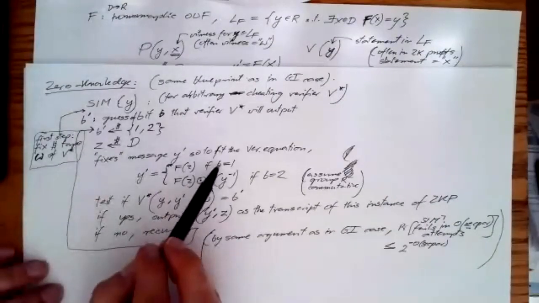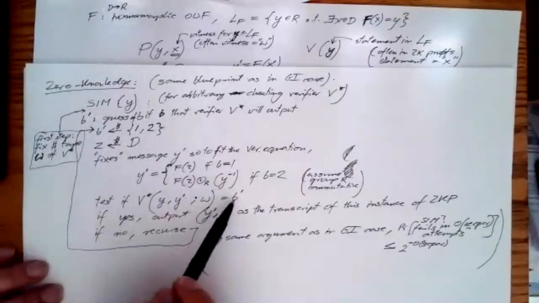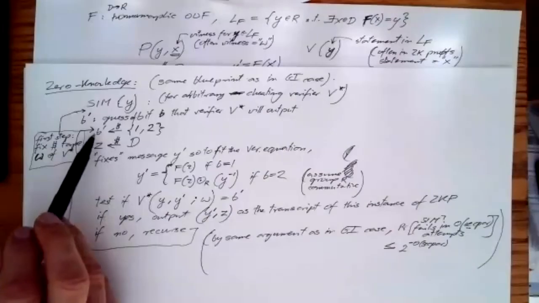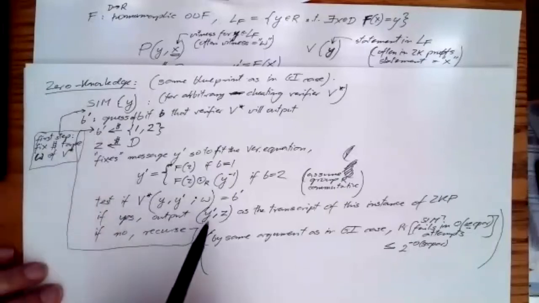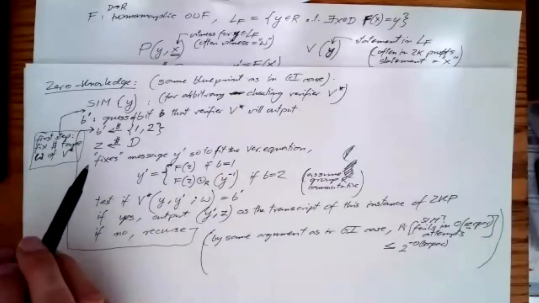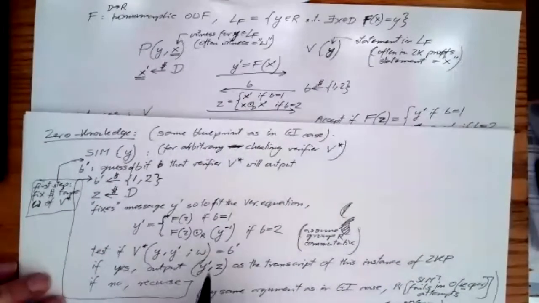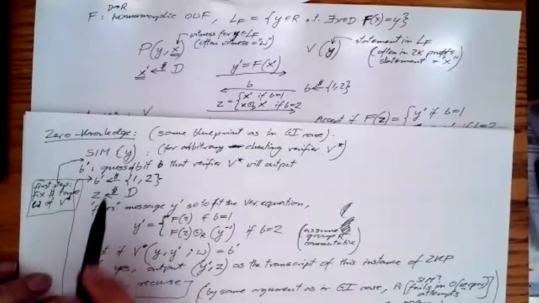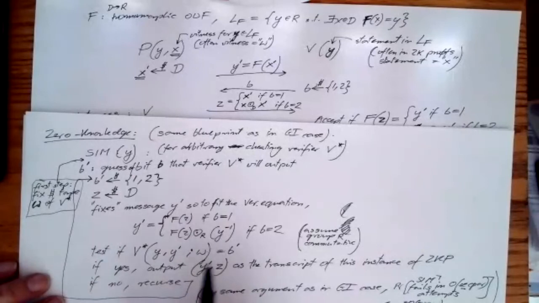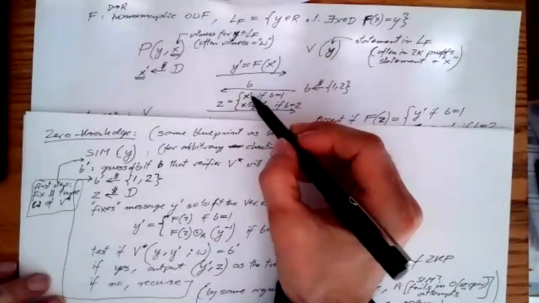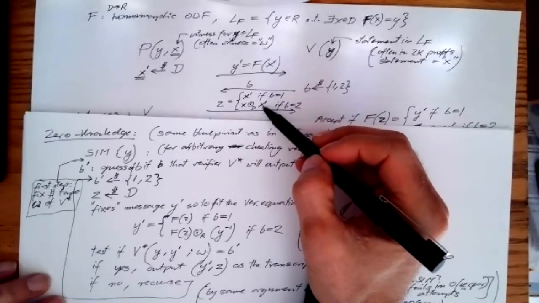So conditioned upon the verifier response being the same as the simulator's guess, the distribution of y prime, z output by the simulator and the distribution that the verifier would see coming from the honest prover are identical, because regardless of the case of b prime, whether it's a 1 or 2, conditioned upon that bit being correctly guessed by the simulator, z is uniformly distributed in the simulation and it is uniformly distributed in execution.